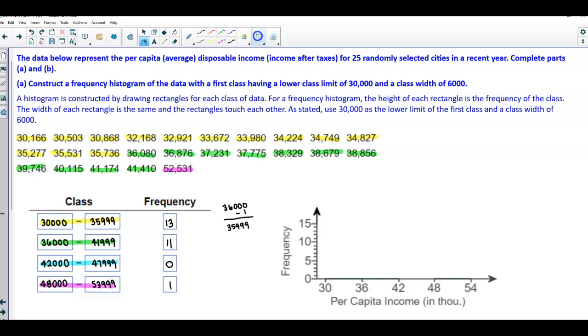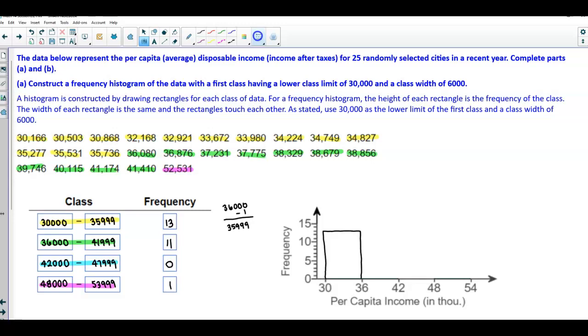Now remember, the histogram is constructed by drawing rectangles for each class of data. Notice that the lower class limit is 30,000. So we're going to go from 30,000 up to a height of 13, and then right across to 35,999.